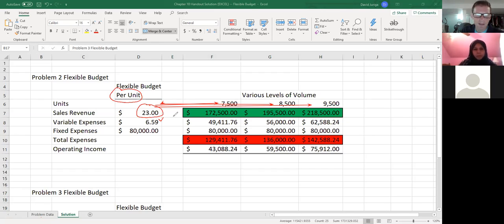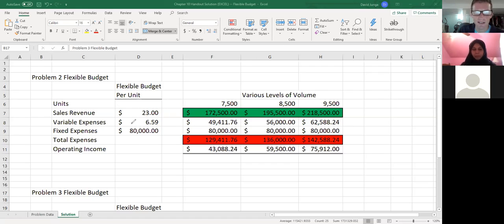And by the way, I've got this in my Excel spreadsheet. So even though you see 6.59, I did not round that. If you're doing this manually on a calculator, and you type in 6.59 times 7,500, you may not get exactly this number, because this number in Excel is not rounded.